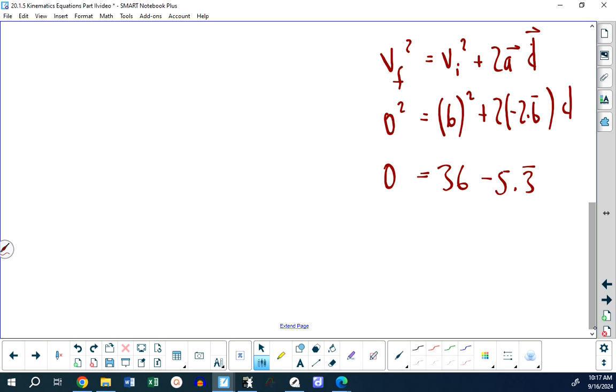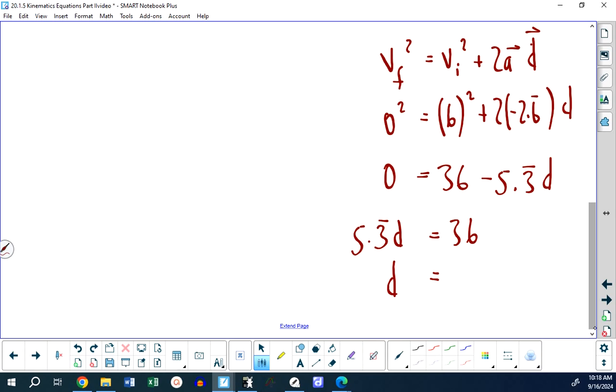How's my arithmetic there? 2 times 2.6 repeating is 5.3 repeating. Pretty basic equation. Add 5.3 repeating d to both sides. This is equal to 36, so now we can divide and get the answer. 6.75.